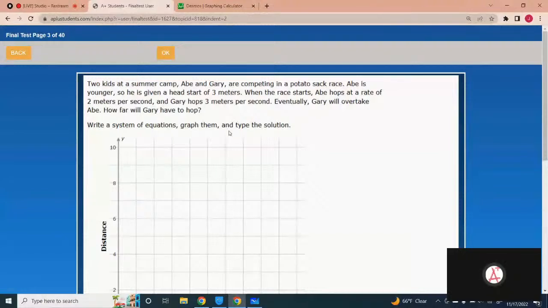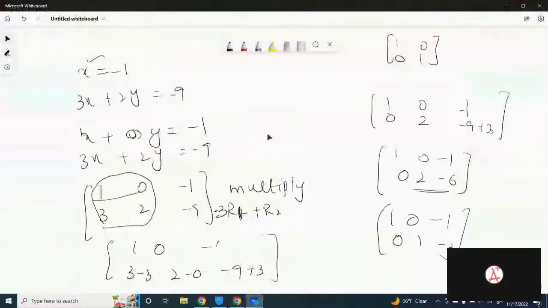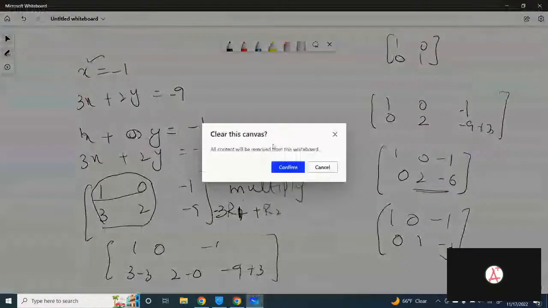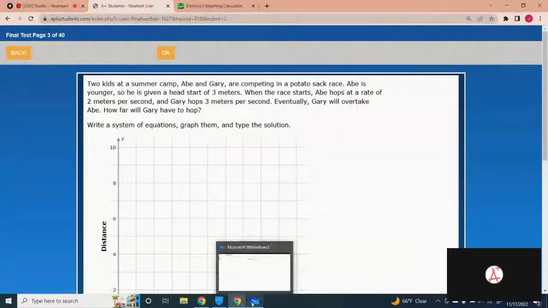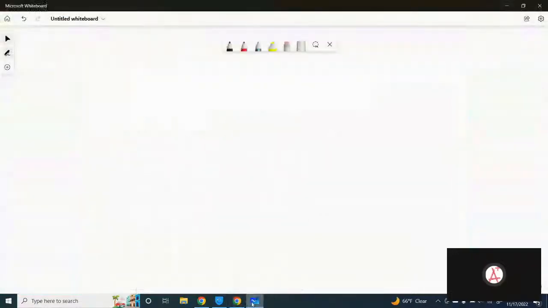Okay, let me just write down the equations. Abe is younger, so he is given a head start of 3 meters. Let's suppose x is for the head start. Got it? So the equation is y equals x plus 3.